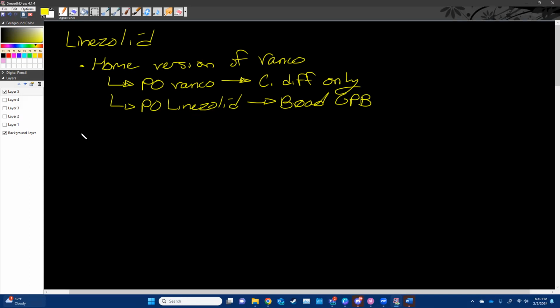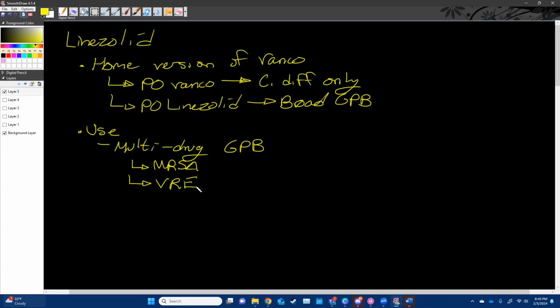Really, what we are going to be using linezolid for is for multi-drug resistant gram-positive infections. So we're talking about MRSA and especially vancomycin-resistant enterococcus. You're not going to use this for a simple staph infection.